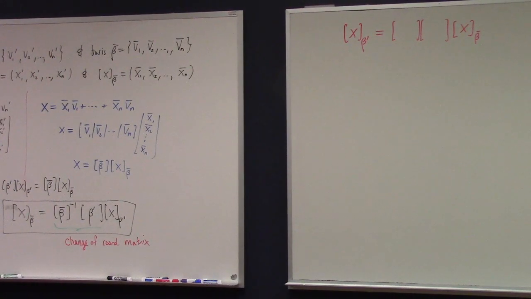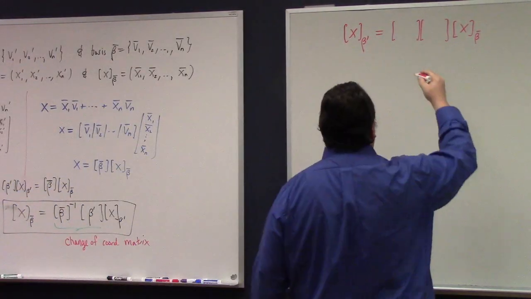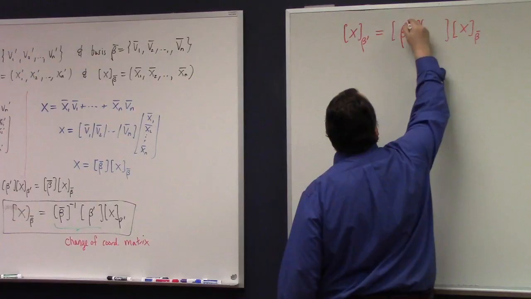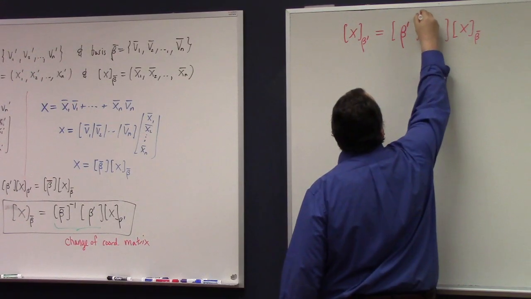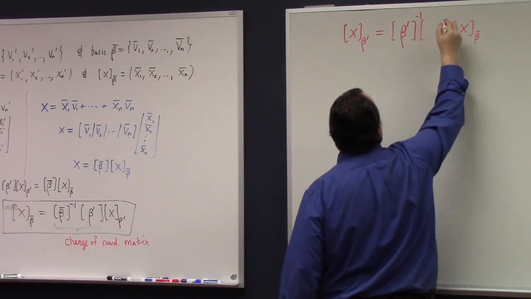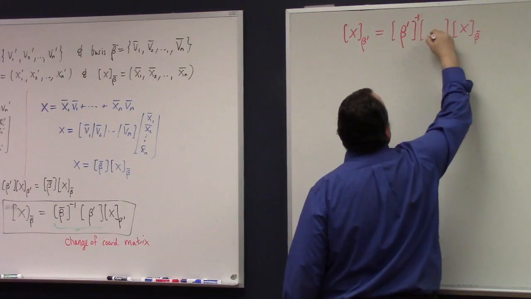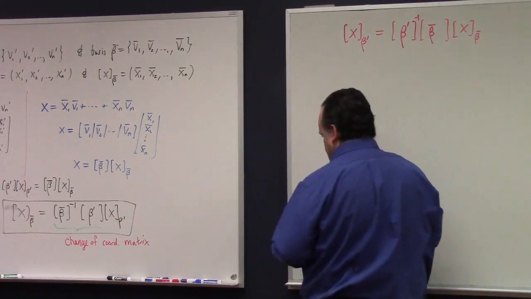What's the difference? We have to do the inverse of the prime matrix, right? And then multiply by what? The beta bar matrix. Okay?